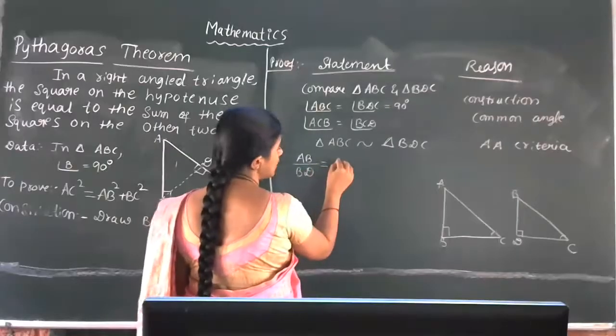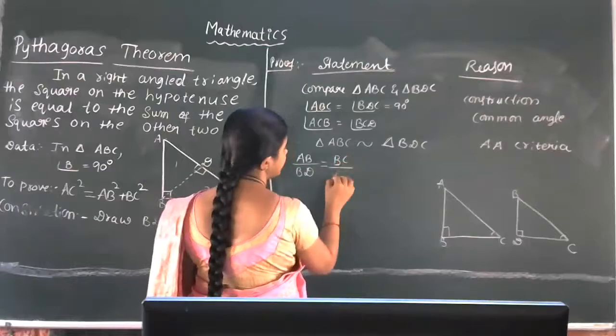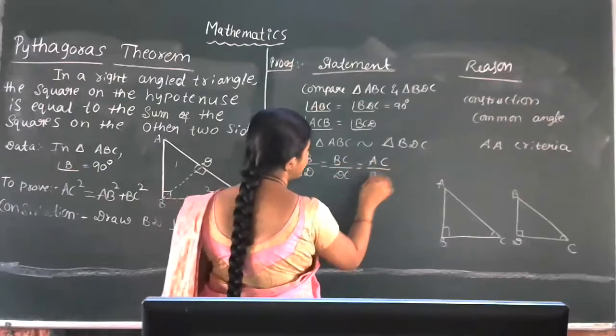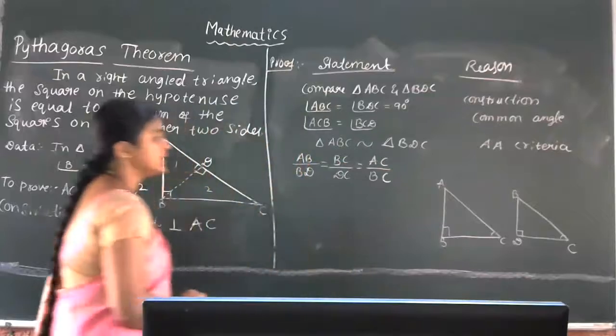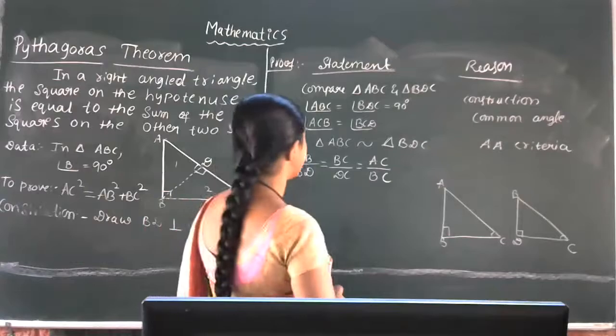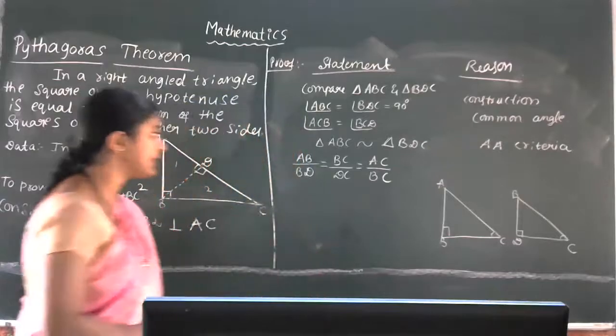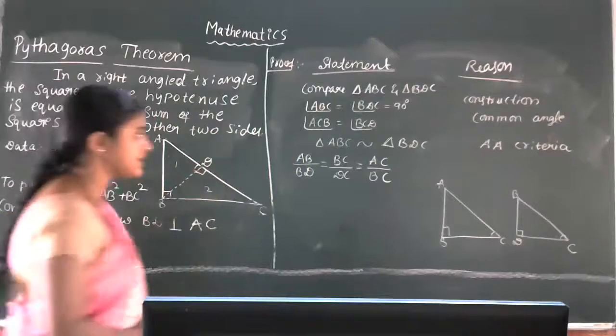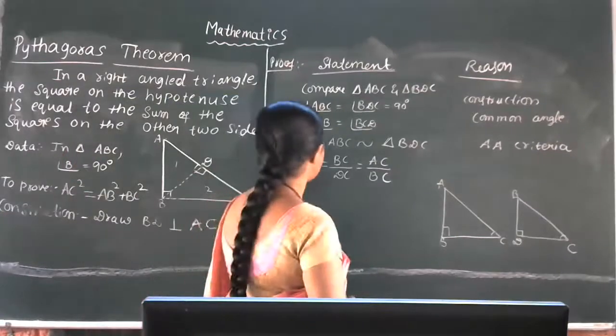Can you tell me, Akshay? AB square equal to AD into AC. Okay, I'll write here AB square is equal to AD into AC, first equation. Second equation is BC square is equal to AC into DC. This is equation 1, this is equation 2, right?